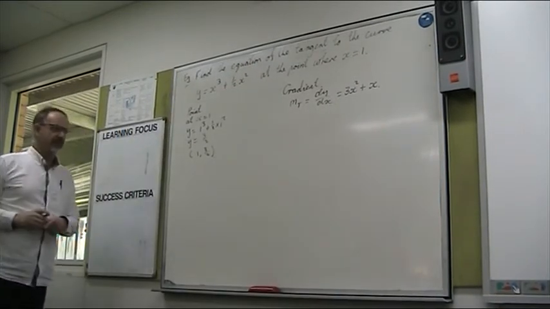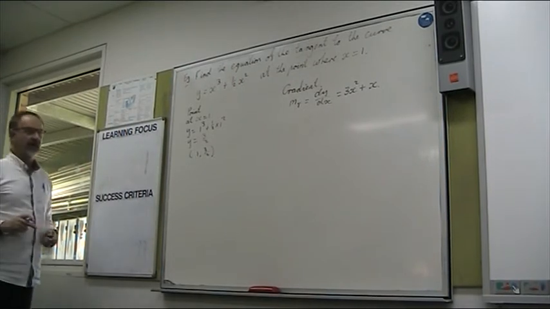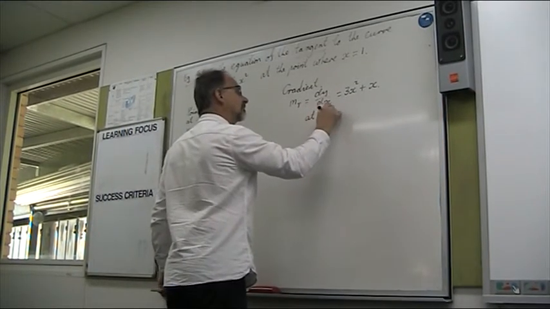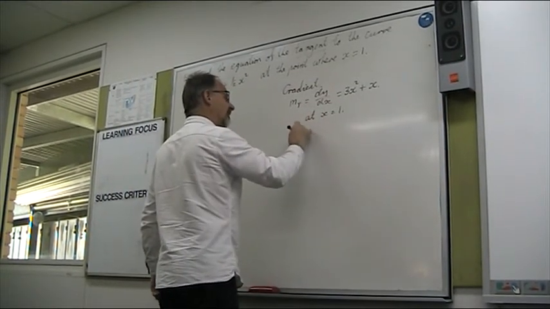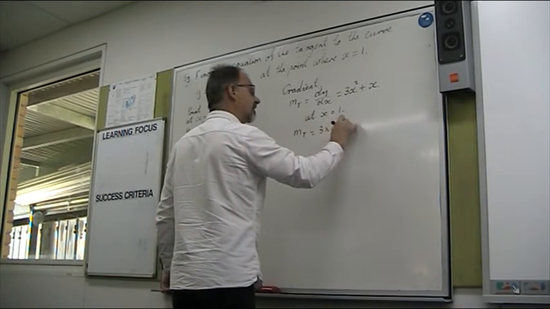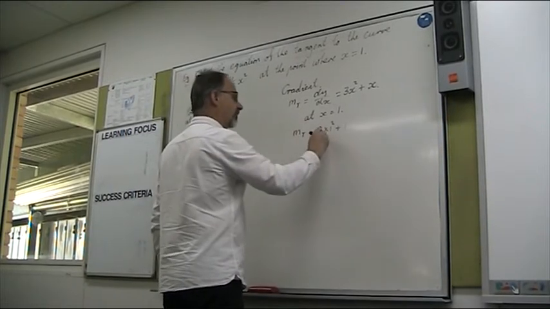Now we're looking for it at a particular place, and the place that we're looking for it at is x equals 1. So the gradient of our tangent is 3 times 1 squared plus 1, which is 4.